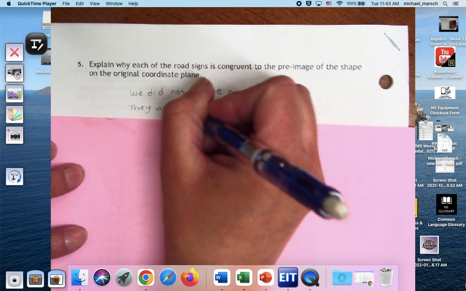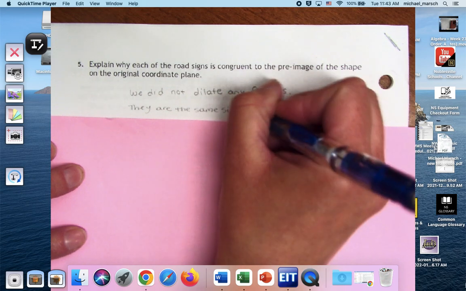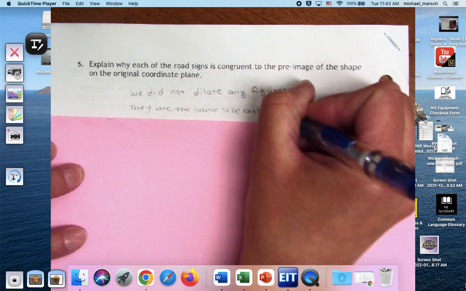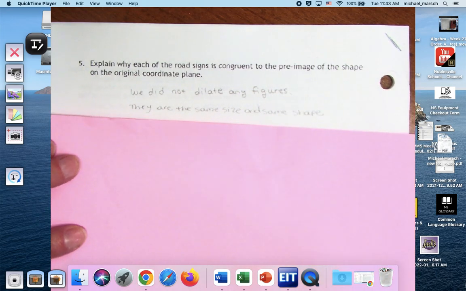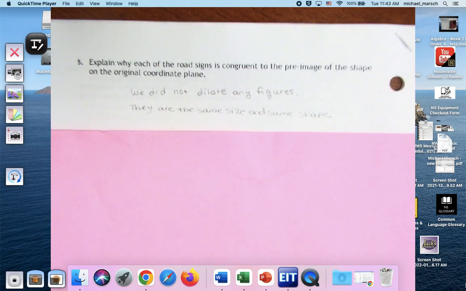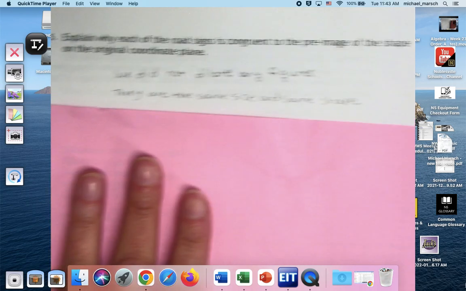They are the same size and same shape, right? We didn't change the actual size of anything. We didn't change the actual shapes. We just moved them. So that's why they are considered congruent.